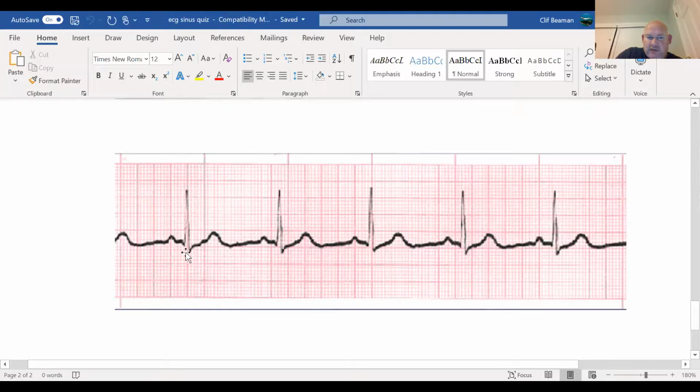PR interval less than 5 little boxes. We have a QRS for the P's and a P for the QRSs. The T waves are afterwards on all of them. So if we meet all of those other parameters, this would be a sinus Brady rhythm at a heart rate of 50.